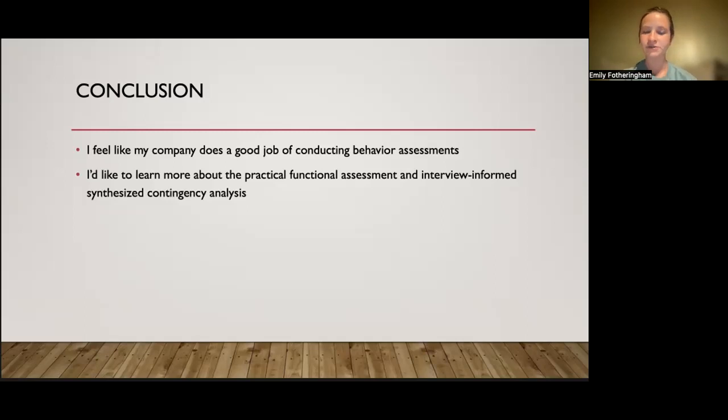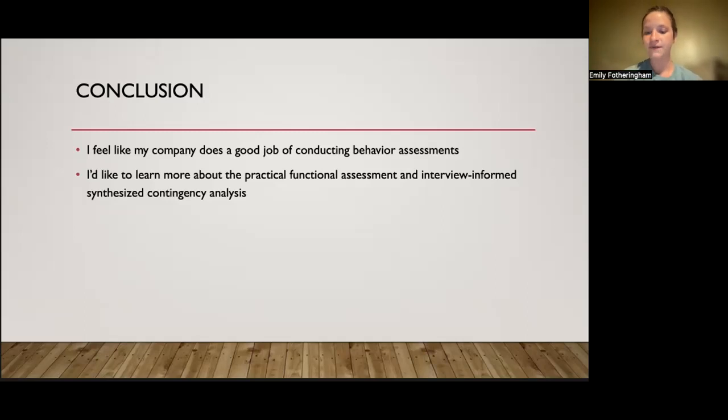It also seemed to be easier to run in aspects of clinical flexibility. The client remained in a more happy, relaxed, and engaged mood throughout the functional analysis using the PFA, and it was easy as a technician, I personally feel, to implement as well.